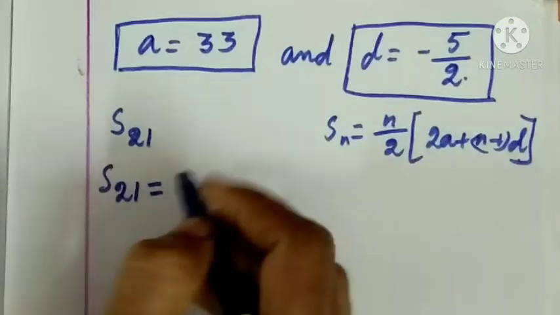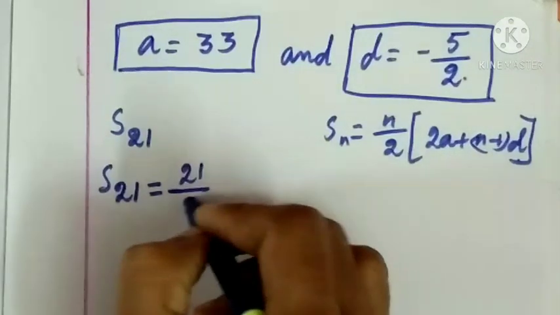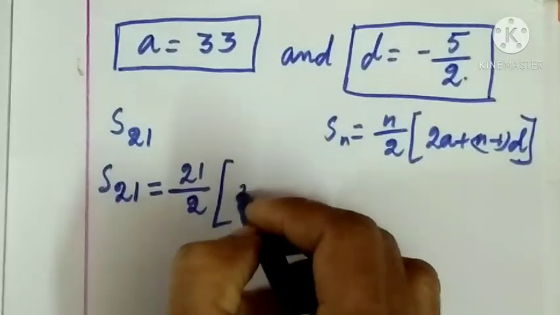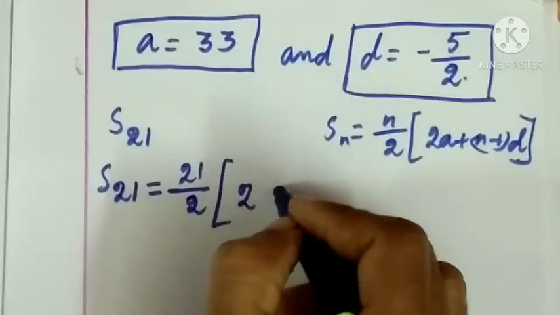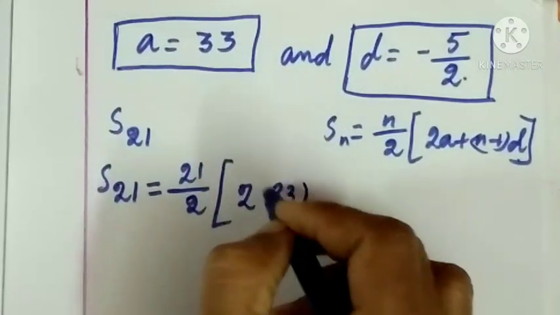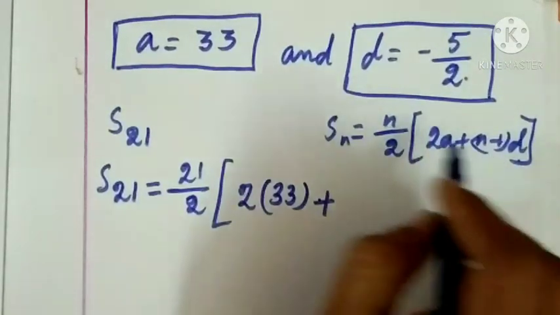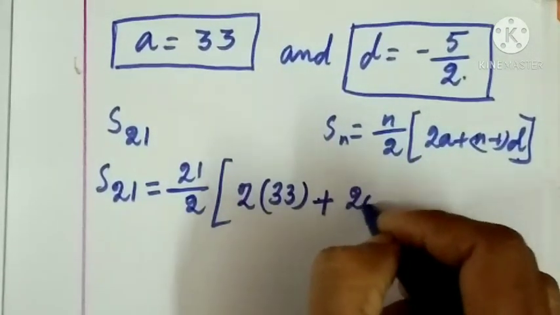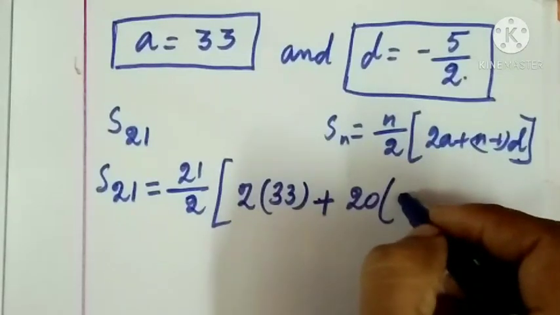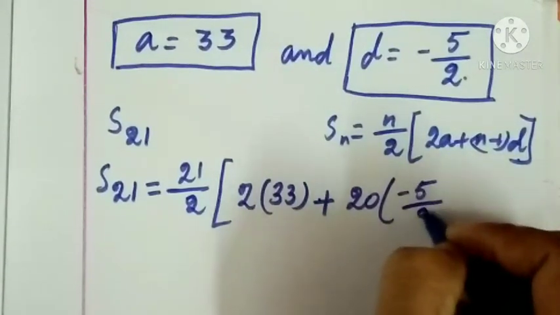S21 is equal to 21 by 2 into 2 into a, here a is 33, plus n minus 1, that is 21 minus 1 is 20, into d, which is minus 5 by 2.